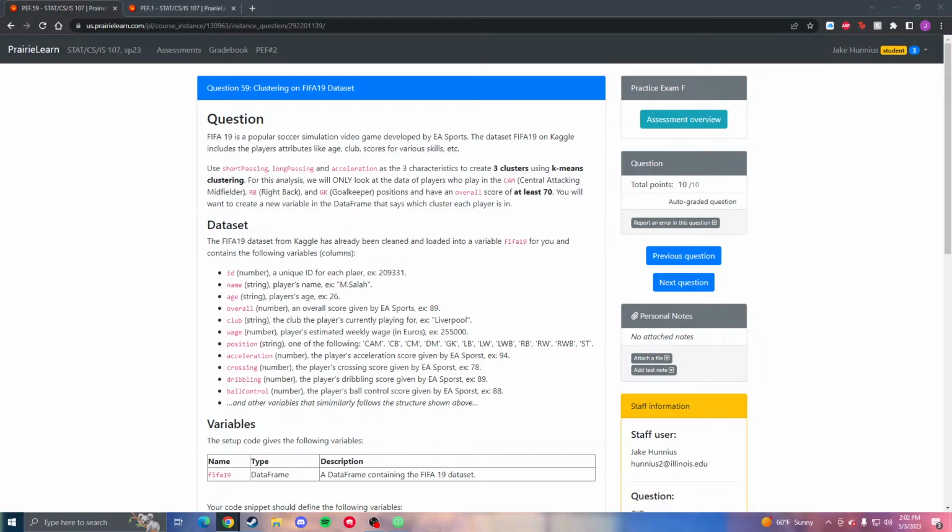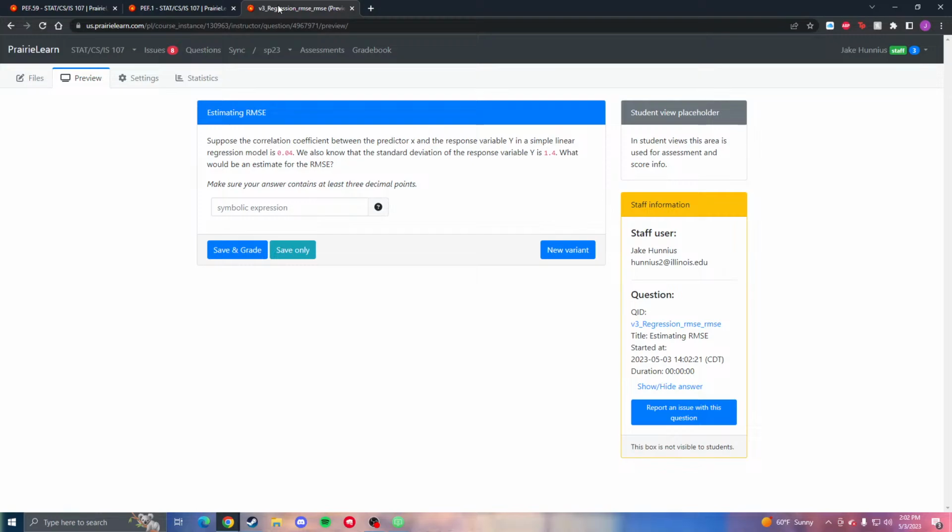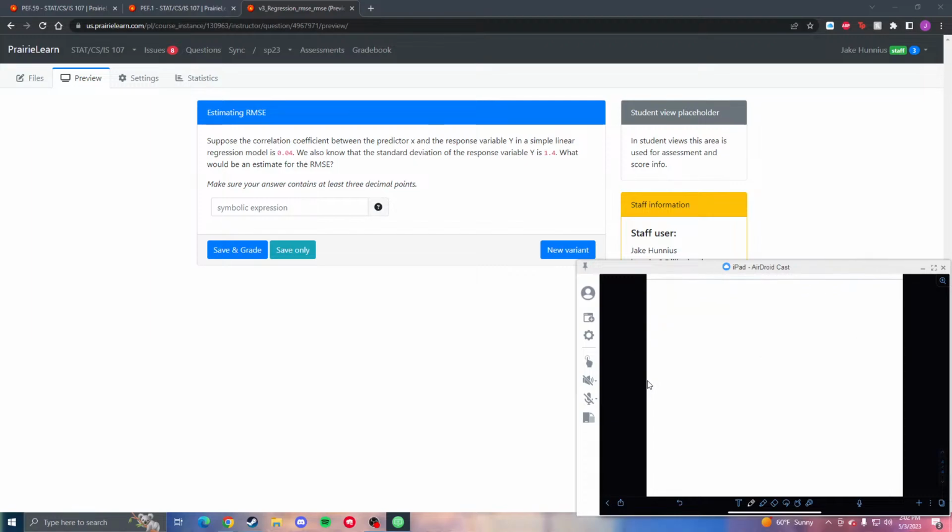So we need to do estimating RMSE. We are given the correlation coefficient R is equal to 0.04 and SDY is equal to 1.4.